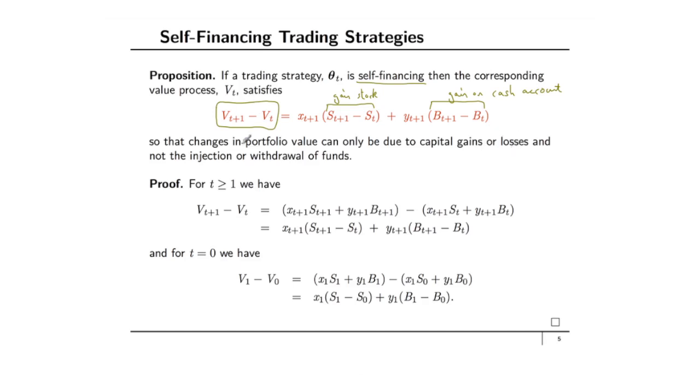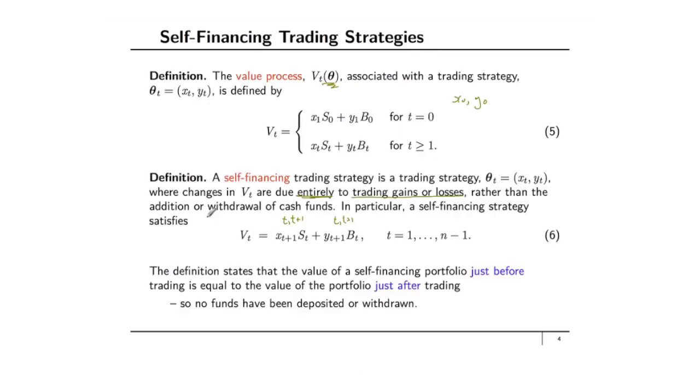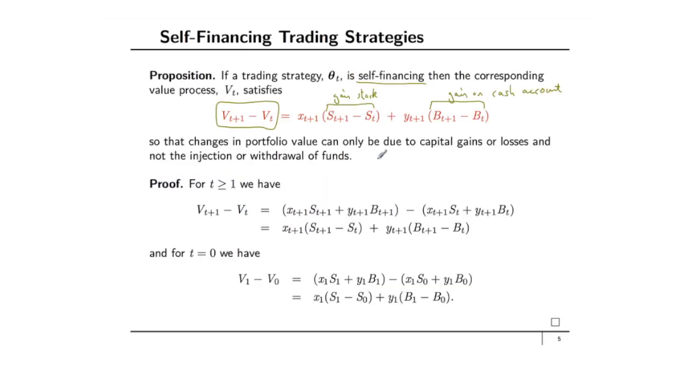So all the changes in the value of the portfolio are coming from capital gains or losses on the stock and cash account. And it's actually easy to check this result. So we'll just go through it for the case t is greater than or equal to 1. In that case, V_{t+1} minus V_t is as follows. Well, V_{t+1} is equal to, we're going to use this definition at t+1, so it's X_{t+1} S_{t+1} + Y_{t+1} B_{t+1}.